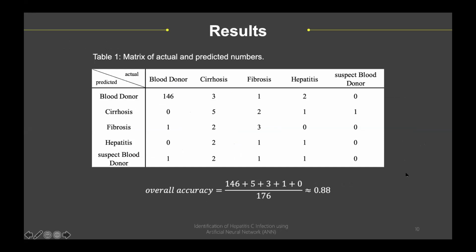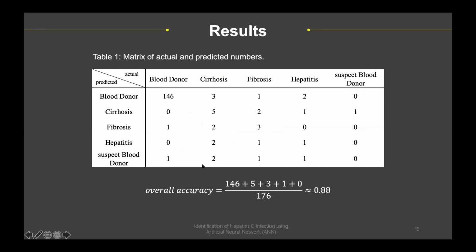We use ANN to classify the samples in the testing dataset. Then the outputs are shown in this table. As we can see, the numbers on the diagonal mean right classification.